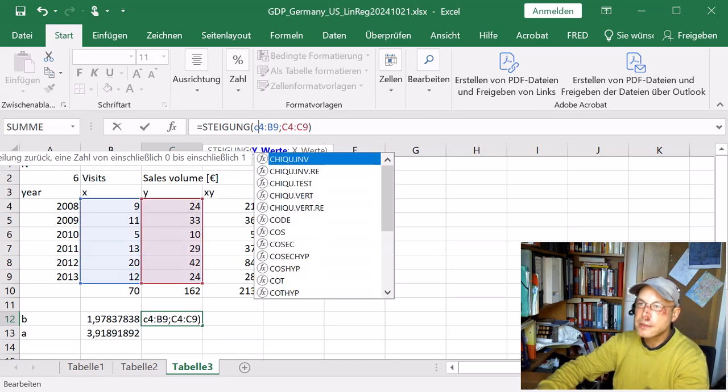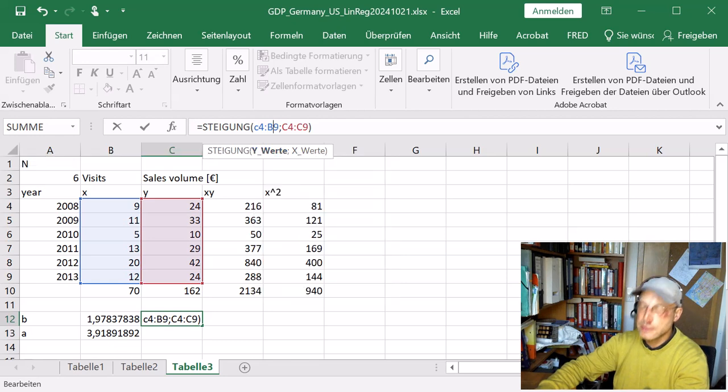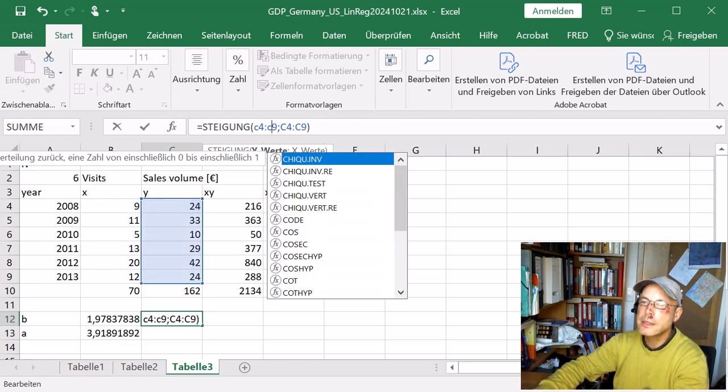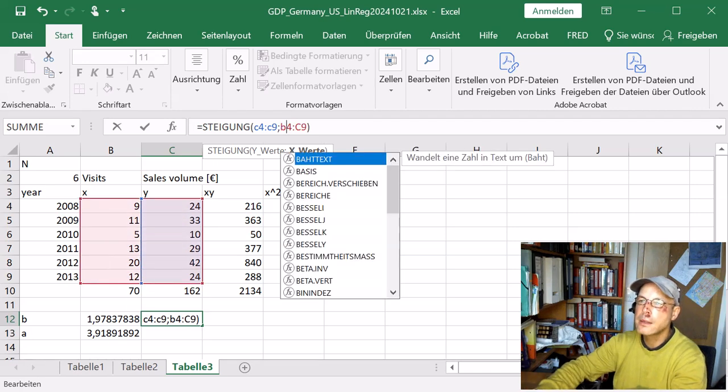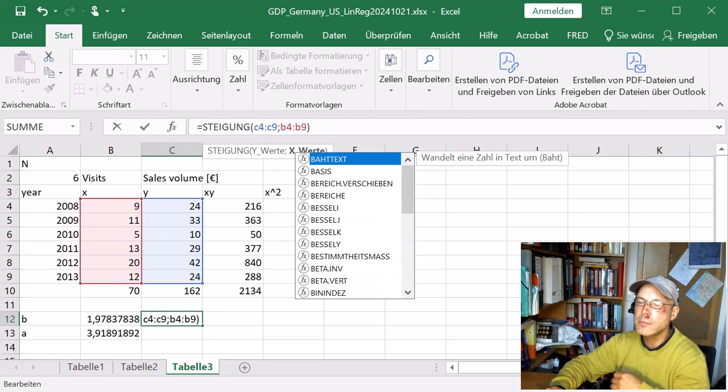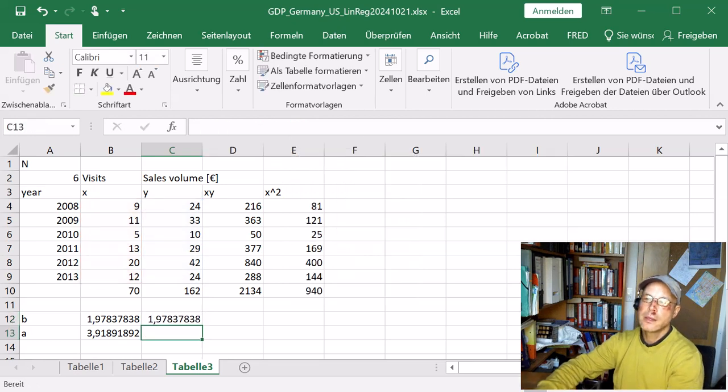So this one has to be C, this has to be C, and this has to be B, and this has to be B. Or this is the vertical axis.